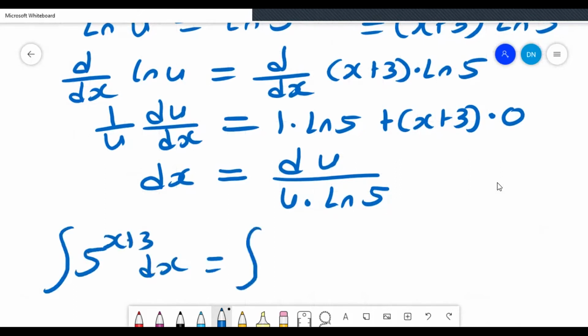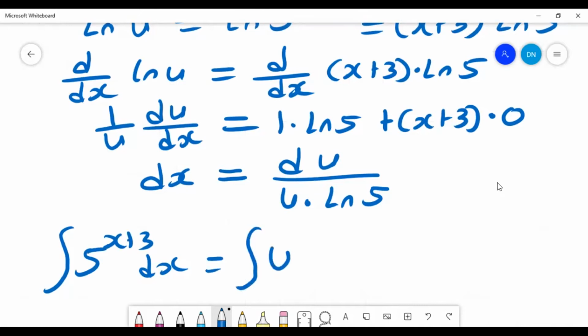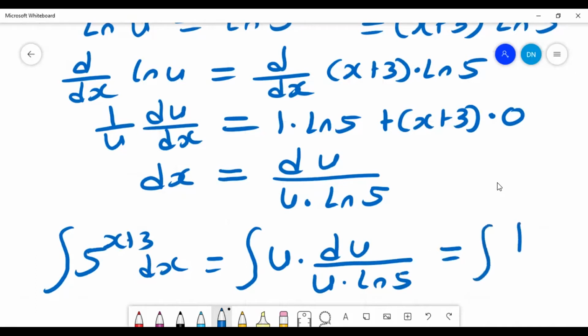And where there is 5 raised to x plus 3, I'll put u. And where there is dx, I put du over u times ln of 5. So I'll comfortably be left with the integral of du all over ln of 5. And that's what we have.